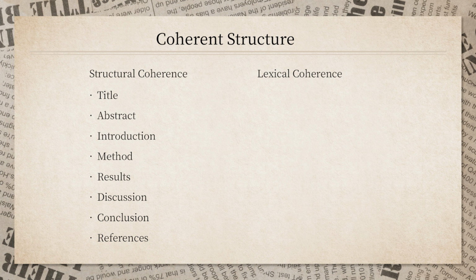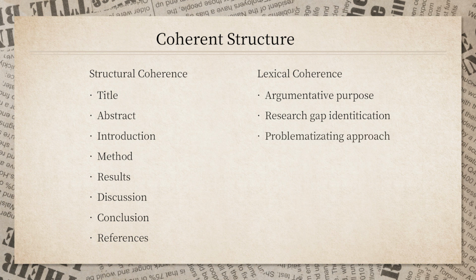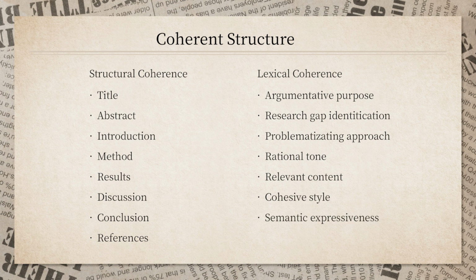Now, you should have argumentative purpose, okay? Then the research gap identification, and then the problematizing approach, and then the rational tone, and then the relevant content, and a cohesive style, and the semantic expressiveness, and the reader awareness.